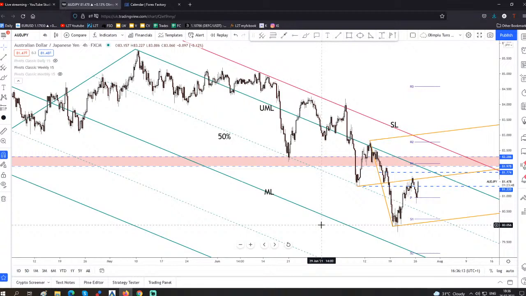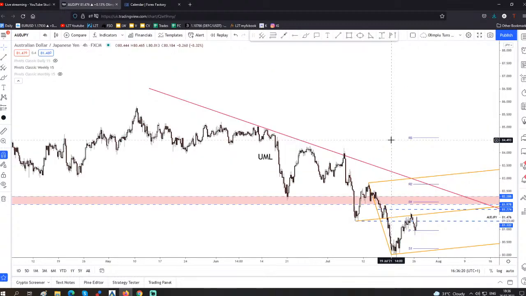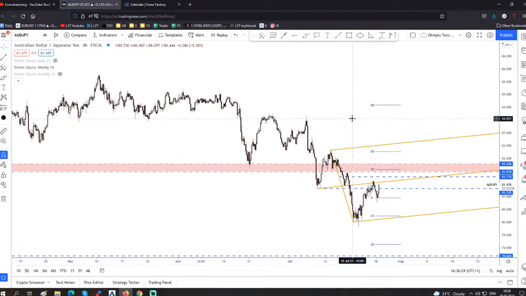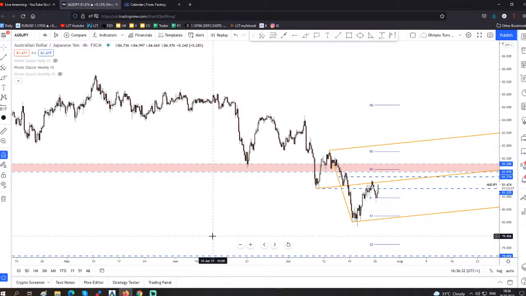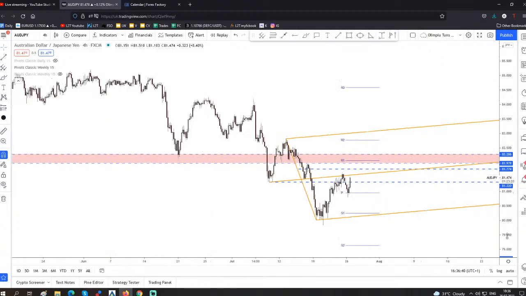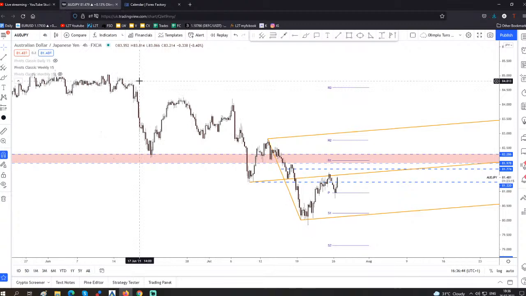Personally I will delete this major pitchfork, also this line, and as you can see we have an important resistance zone area here between maybe 81.97 and 82.28.